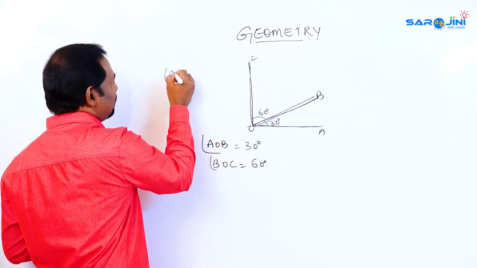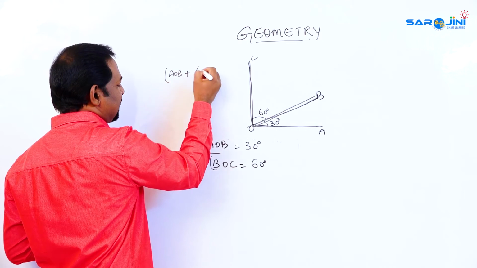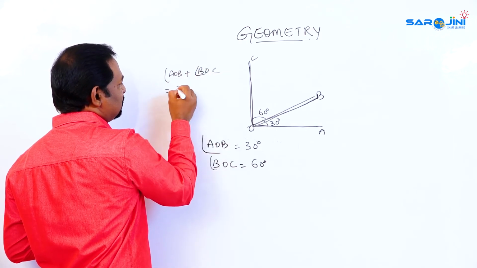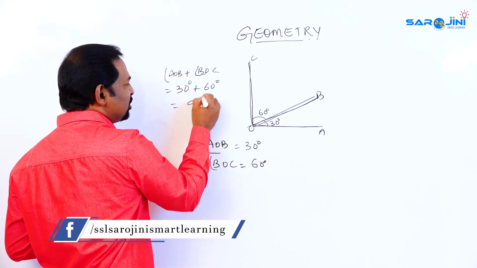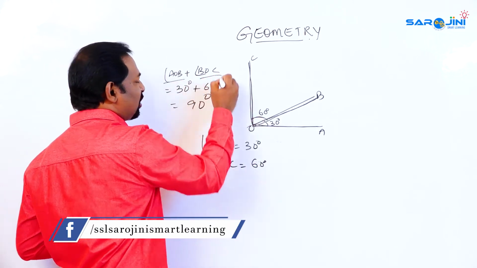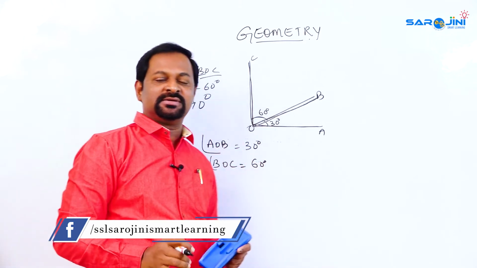So angle AOB plus angle BOC is equal to 30 degrees plus 60 degrees, which is equal to 90 degrees. So both these angles are called complementary angles.